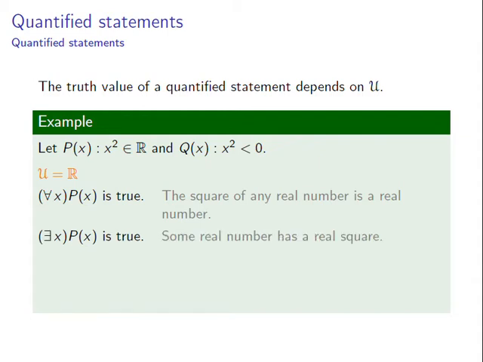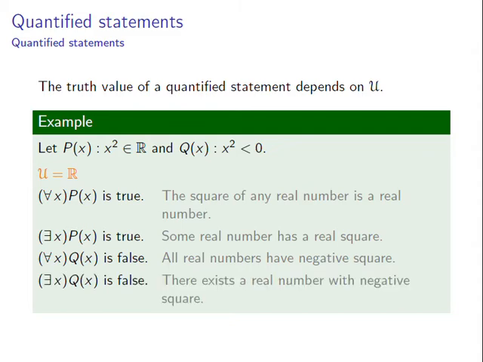The sentence for some x, P of x, which is some real number has a real square, is true. The sentence for any x, Q of x, which is all real numbers have negative square, is false. The sentence for some x, Q of x, which is there exists a real number with negative square, is false.